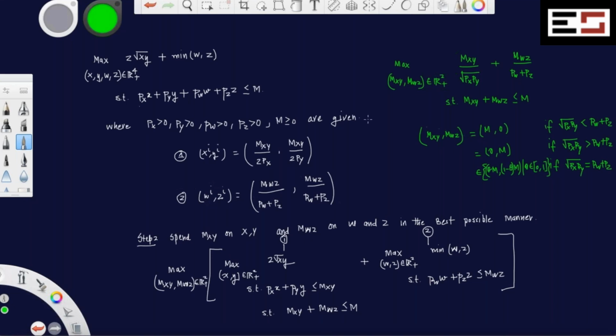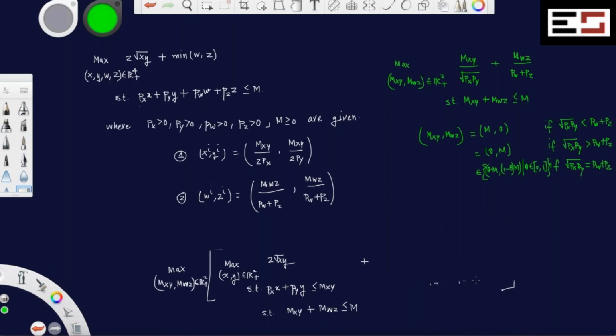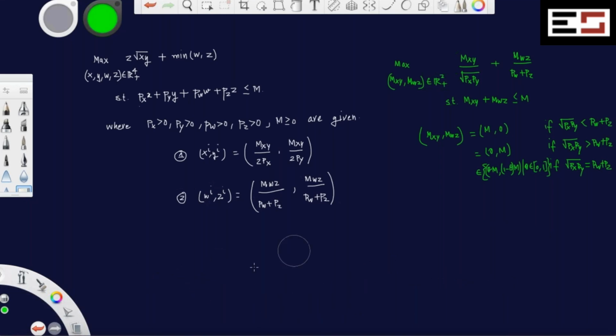Okay, and therefore, this is how you can write the solution. And now, once you know how you're going to allocate your income in these cases, you can go to your step 2 solutions and plug in, in place of mxy and mwz, the m or 0 or whatever it is, according to these situations. So basically you can rewrite the solution in this manner. Okay, so let me just erase step 2 from here and write the solution.